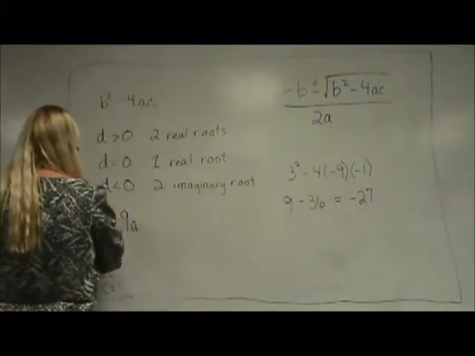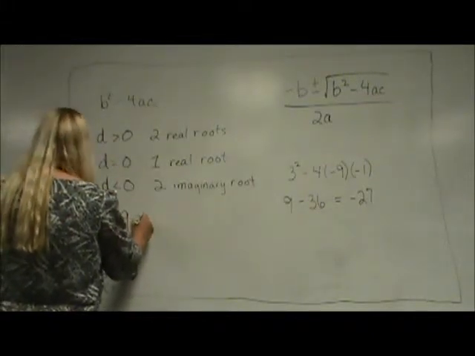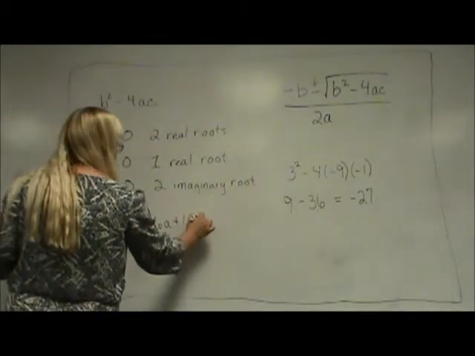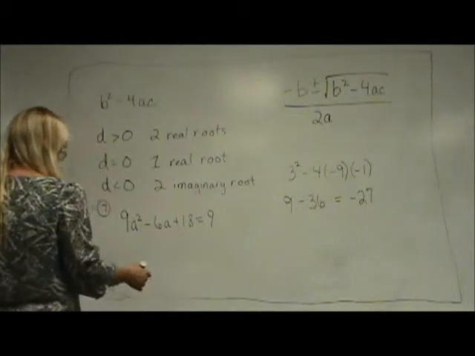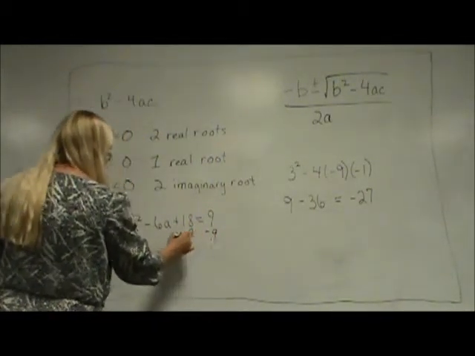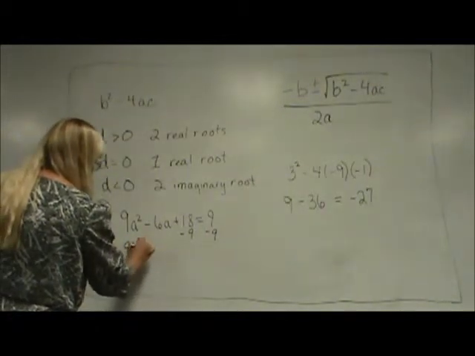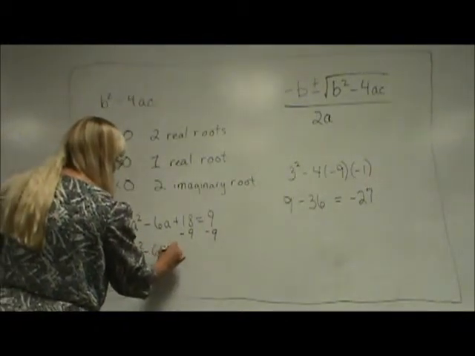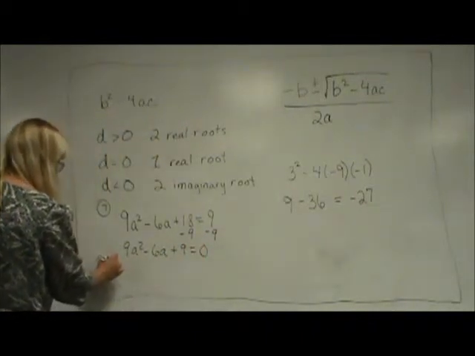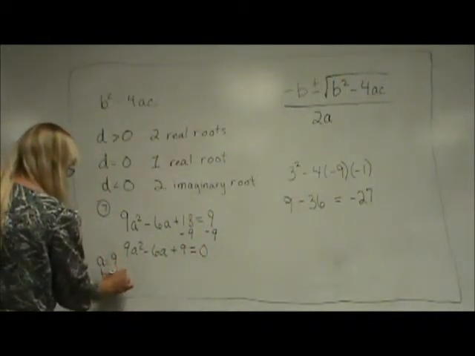Number 7, 9a squared minus 6a plus 18 equals 9. Subtracting 9, I get 9a squared minus 6a plus 9 equals 0. So I have a equals 9, b equals negative 6, and c equals 9.